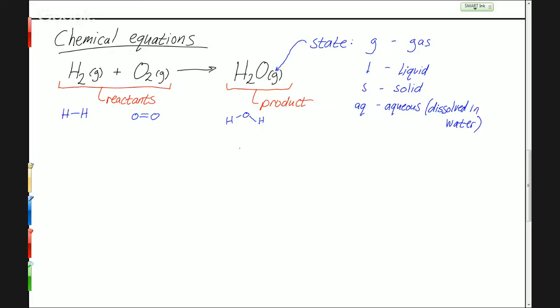If instead of one hydrogen molecule we have two of them, and we react that with the oxygen molecule, we can form two water molecules. And now we don't have that problem anymore. We've got 4 hydrogen atoms on the left and 4 on the right. We've got 2 oxygen atoms on the left and 2 oxygen atoms on the right. So it all works.